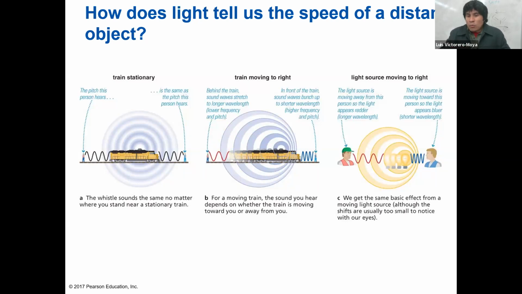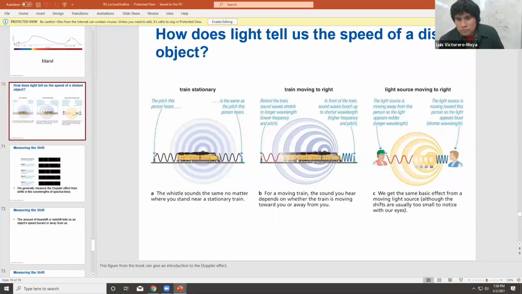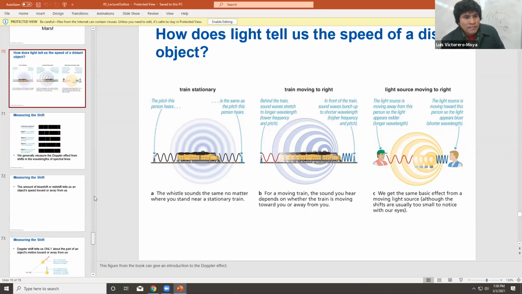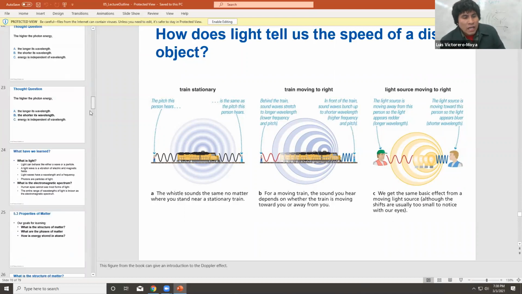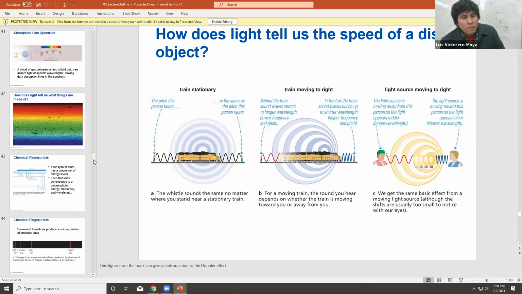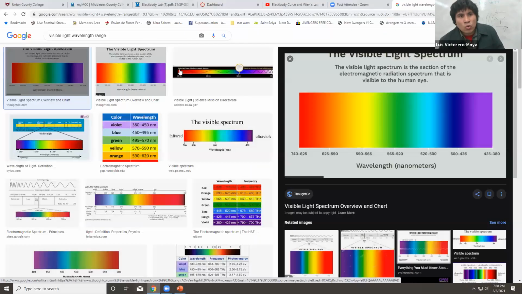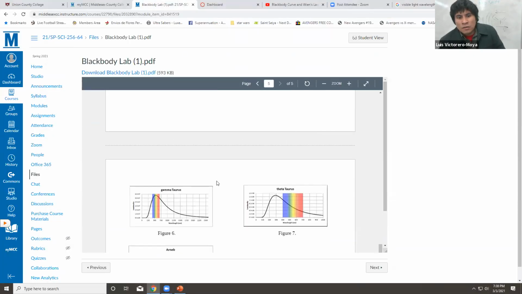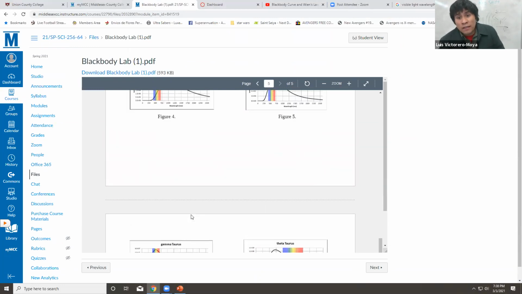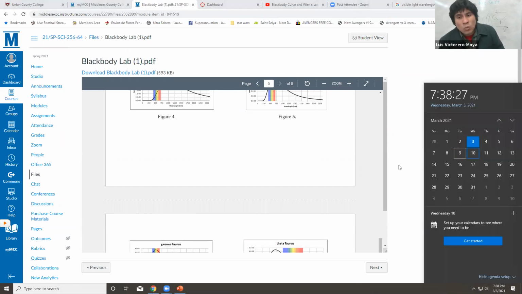Anyway, so I want to finish with this today, guys. I gave you a lot of information, and I think what I'm going to do next class is I want to do more of the math, and I want to go over especially the black body spectrum, and then we can do the lab. I strongly suggest you start looking at this lab. Then I will go over it, and the aim is to finish it on Monday, because on Wednesday I want to start with telescopes.